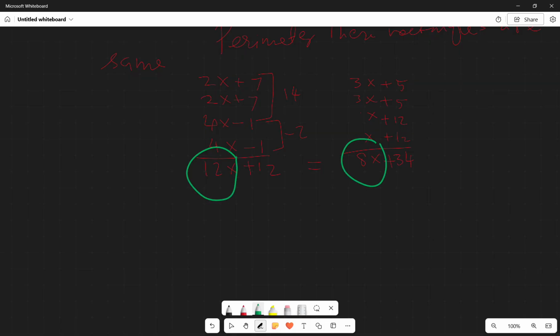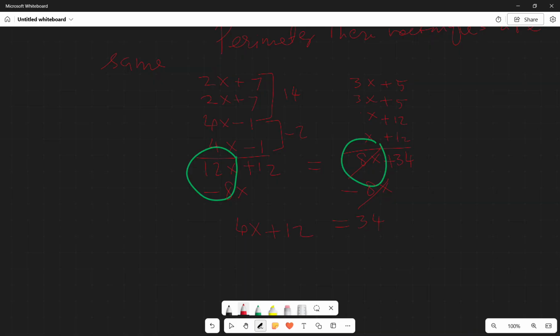Whichever is the lower value, move it to the higher value side. So it's minus 8x on both sides. Plus 8x and minus 8x cancel. You get 34, and 12 take away 8 is 4x plus 12.